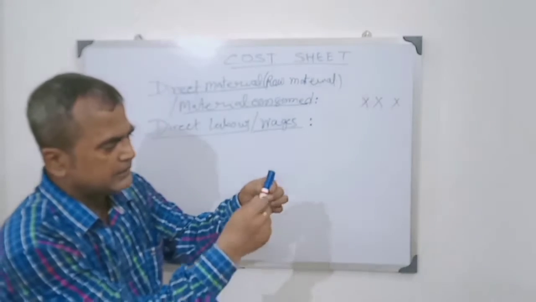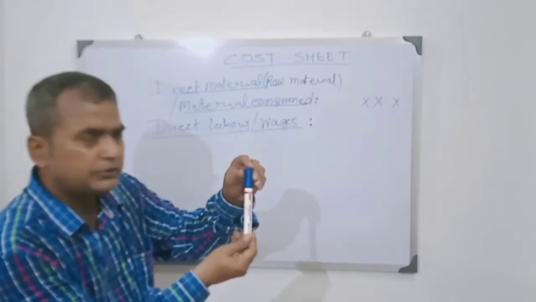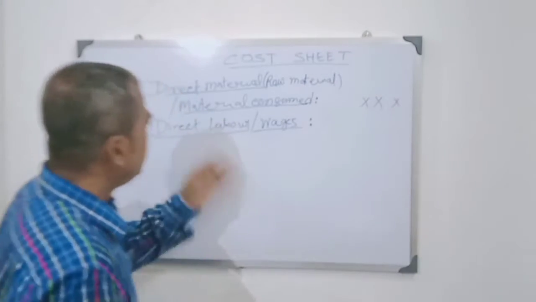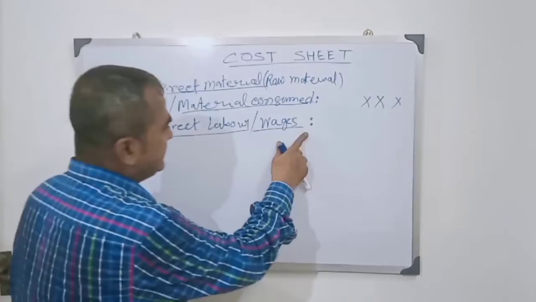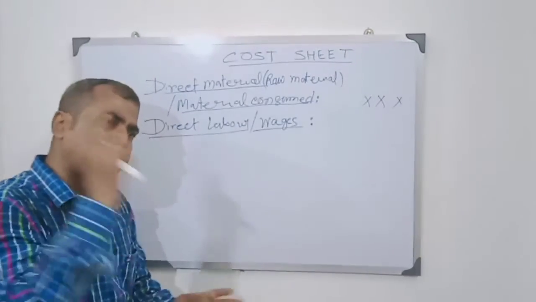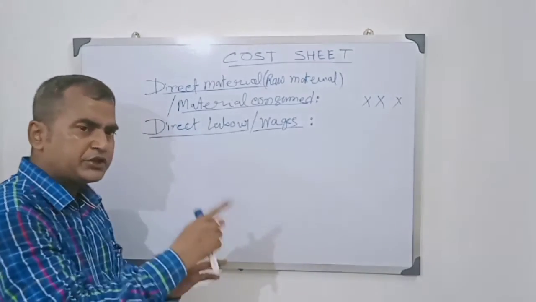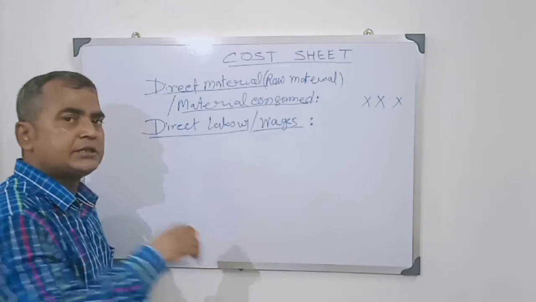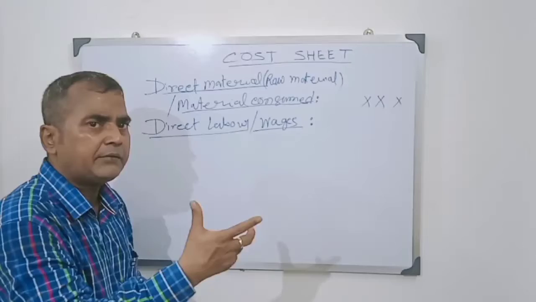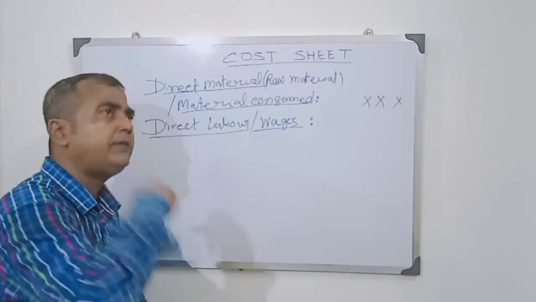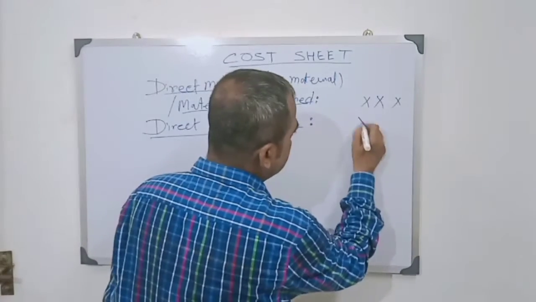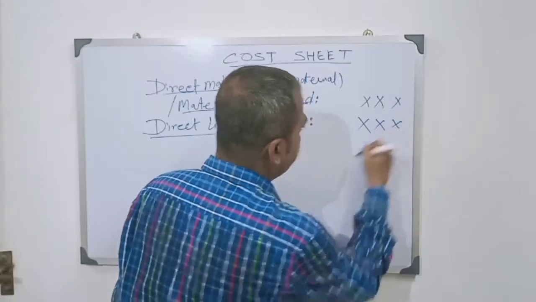Without labor, it was not possible to put this finished product into proper shape. Direct labor means labor payment for the production, add outstanding which you have not paid, less prepaid, advance not for today's work. So direct wages is quite clear.